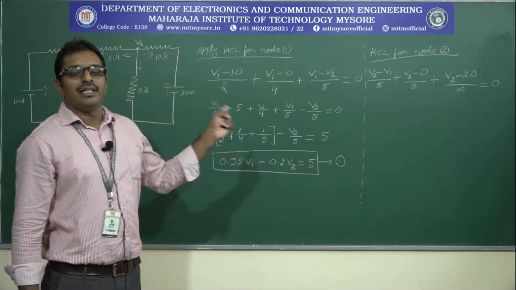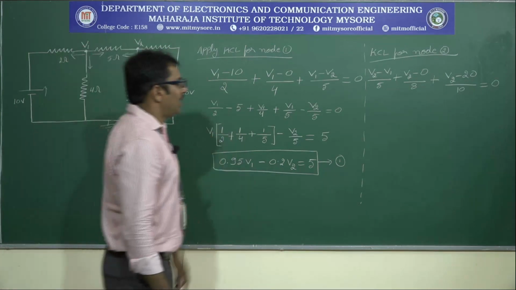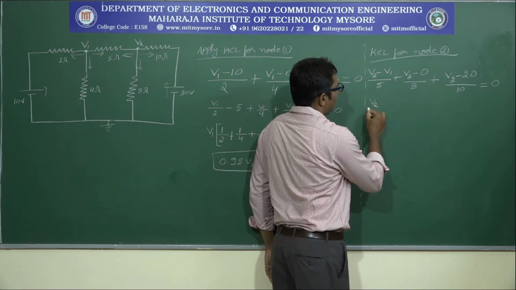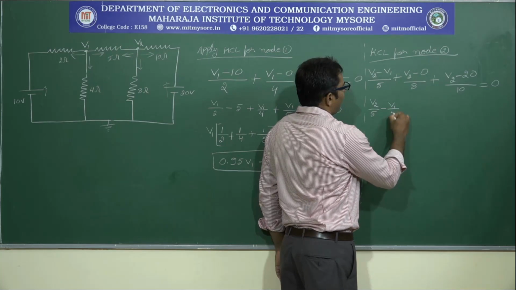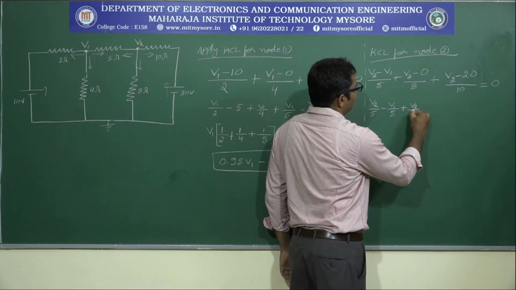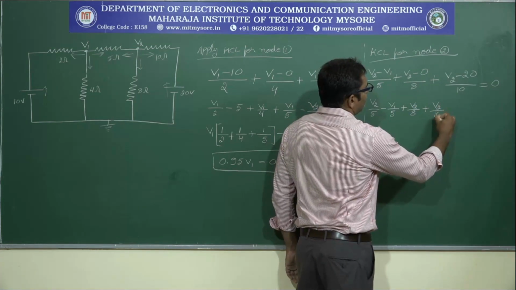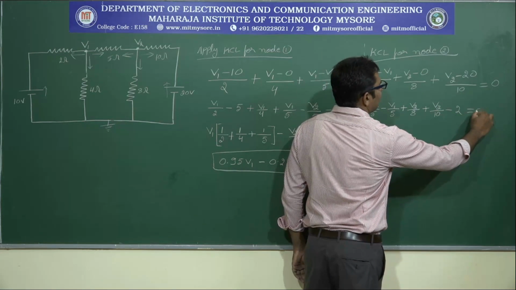This is the KCL equation for node number 2. Now again let me simplify this equation. First split the first factor: V2 by 5 minus V1 by 5 plus V2 by 8 plus V2 by 10 minus 20 by 10, that is equal to 0.